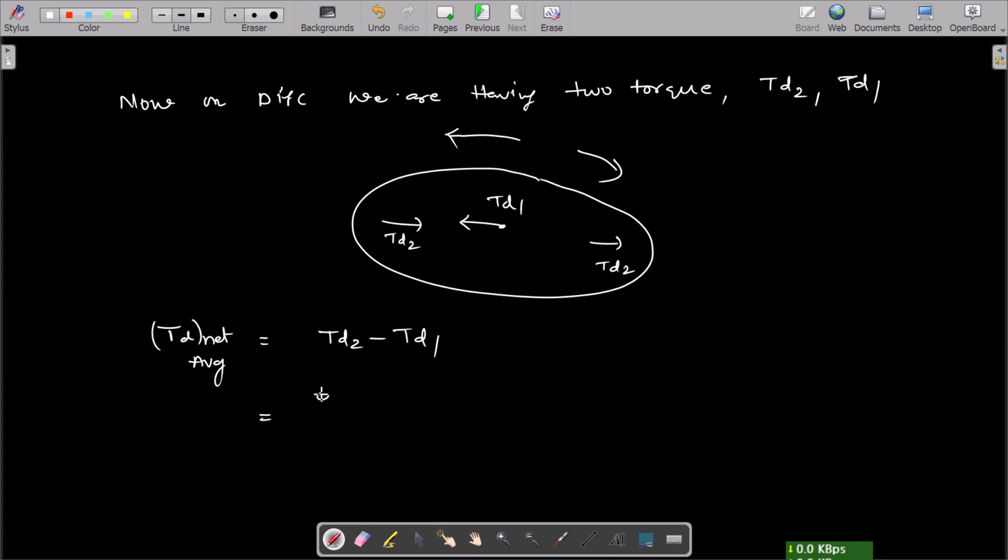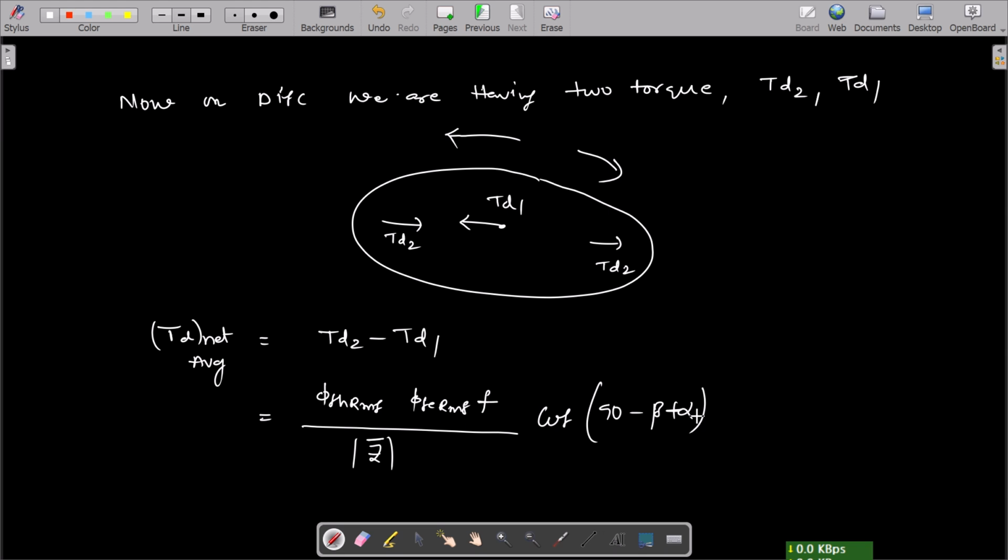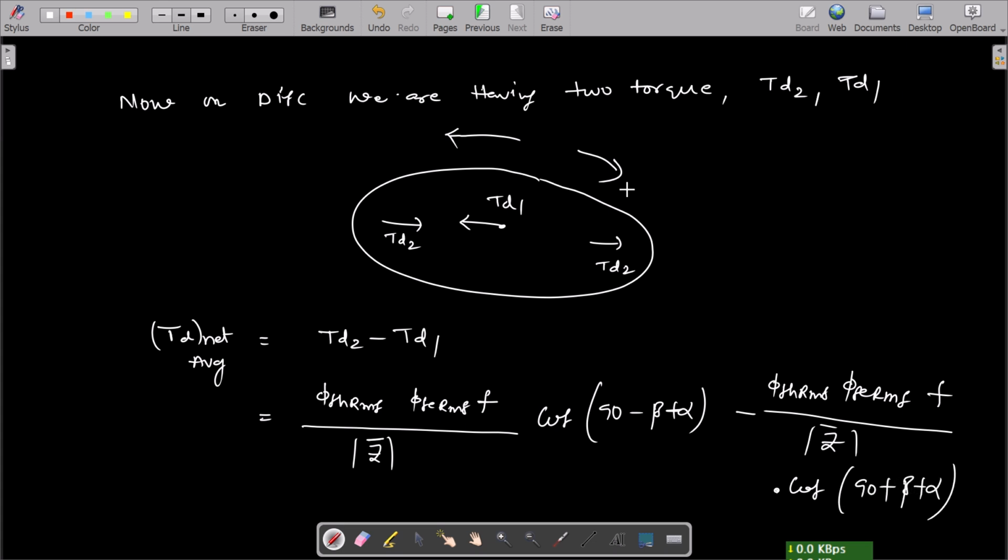This TD2 is nothing but phi sh RMS into phi sc RMS into f divided by mod z into cos of 90 minus beta plus alpha, and this is TD1: phi sh RMS, phi sc RMS into frequency f divided by mod z into cos of 90 plus beta plus alpha. Okay, this is the net torque.